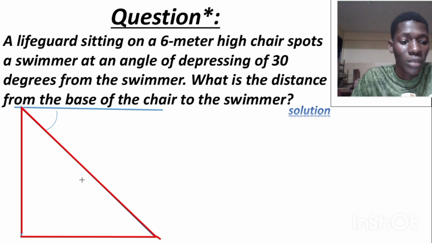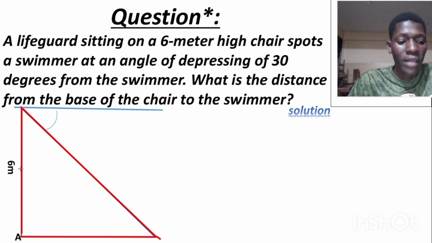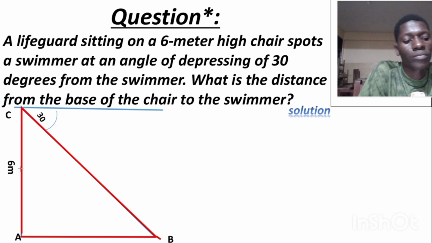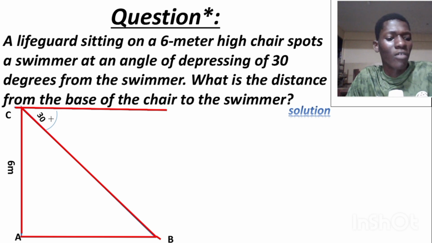We input 6 meters as the height of the chair, so this is the height of the chair, and we label it. This is the horizontal line that is passing through the lifeguard's eyes. The angle that is formed with the horizontal and the line of sight, the line he used to see the swimmer, is called the angle of depression.